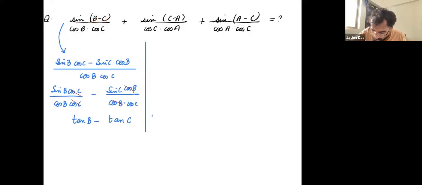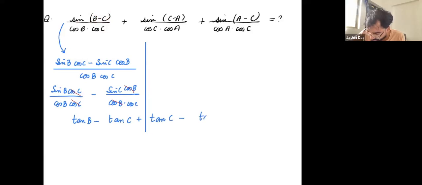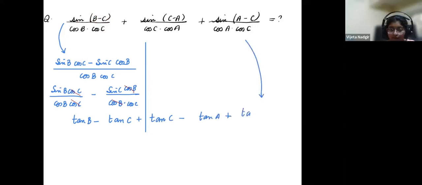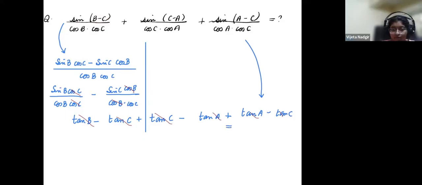So just predict what you get here. Pattern: tan C minus tan A. Yeah, tan C minus tan A. Here, what will you get? Tan A minus tan B. Correct. So everything will cancel out. So what do you get? 0.